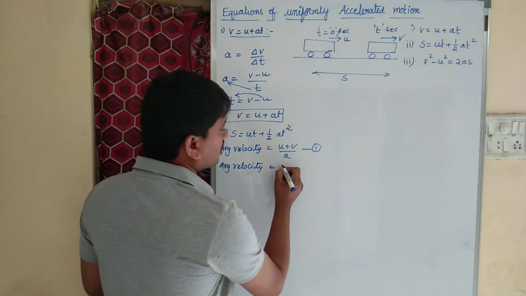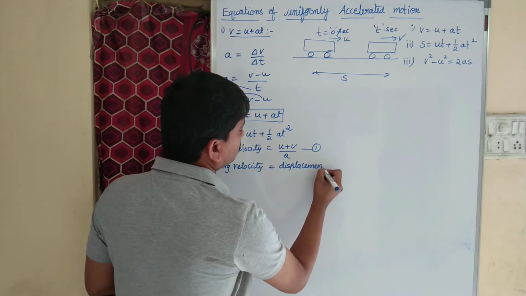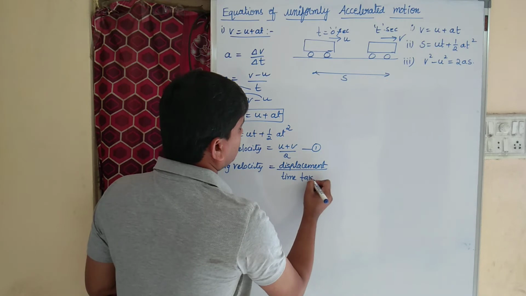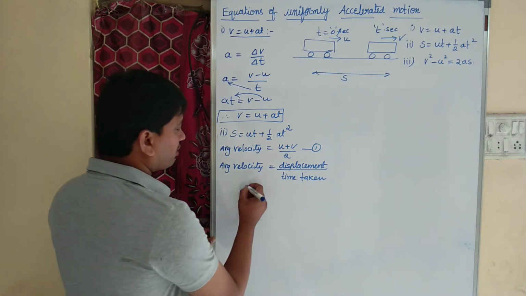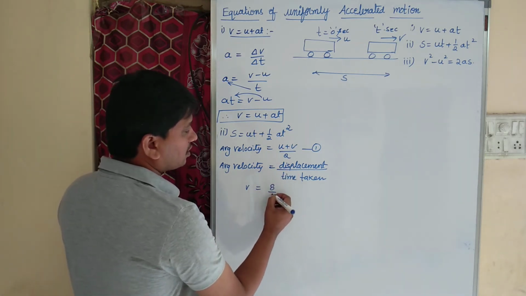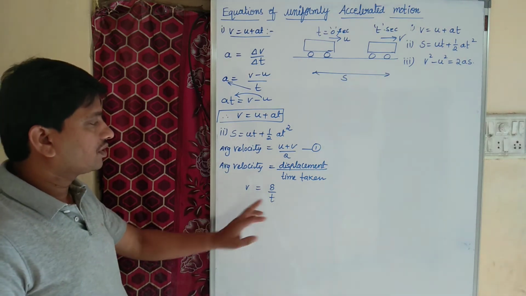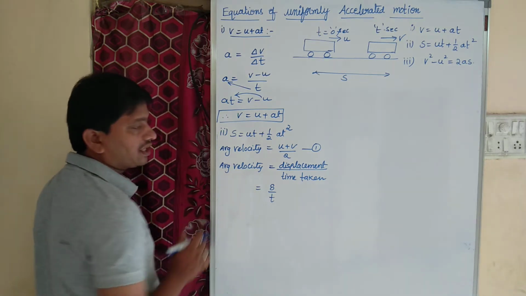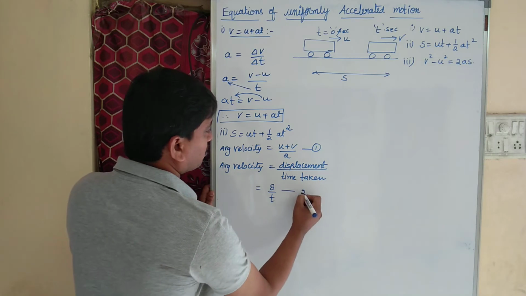Also we call it displacement by time taken. Average velocity v equal to displacement s by time taken t. So v equal to s by t. Displacement by time taken. So this is our equation number 2.